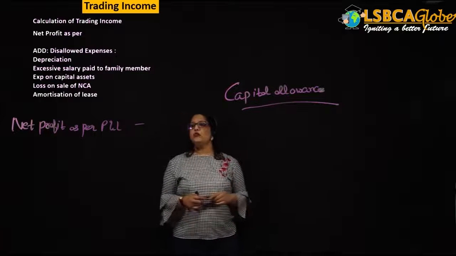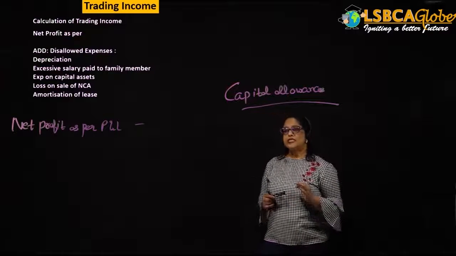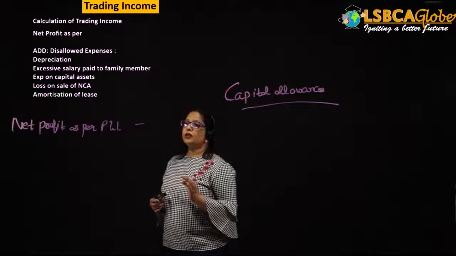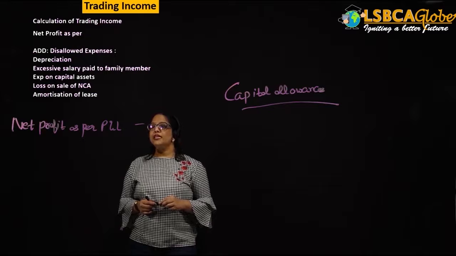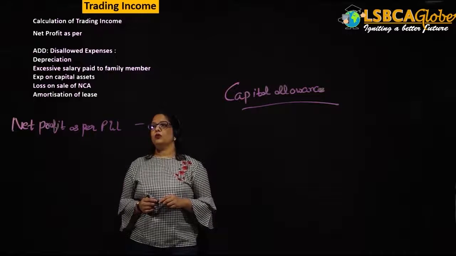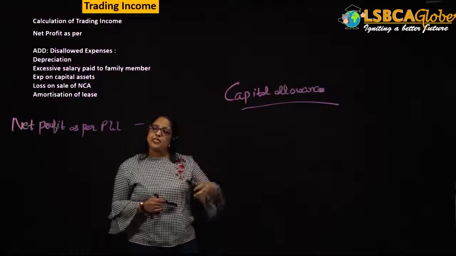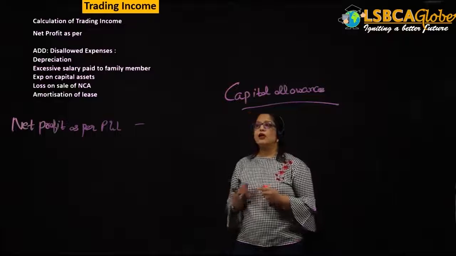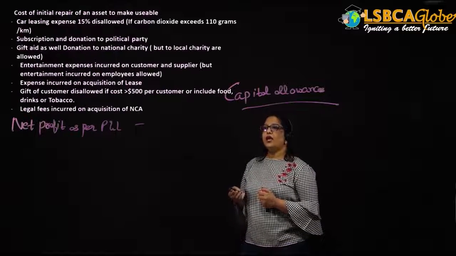Loss on sale of non-current assets: if it is a loss on sale of NCA, it's a capital loss, again not revenue in nature. Amortization of lease is not allowed. HMRC is not allowing the depreciation or the amortization. Depreciation is there, I will add it back. Amortization is there, I will add it back.